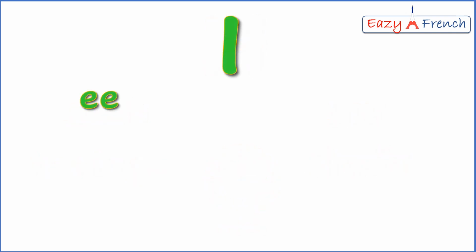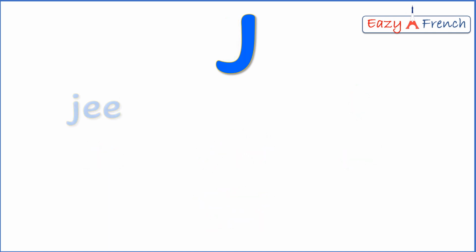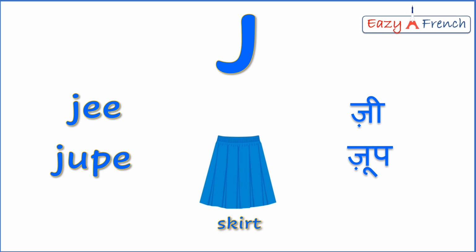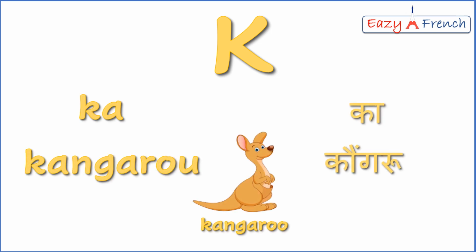I is called I, île, an island. J is called J, jupe, a skirt. K is called K, kangourou, a kangaroo.